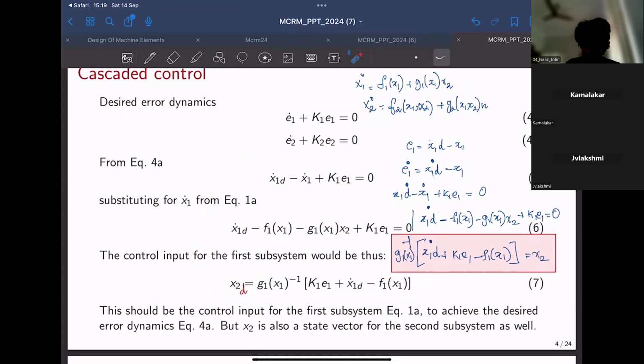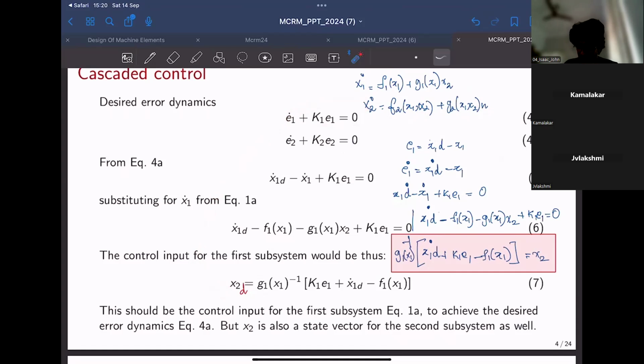So to make the first subsystem asymptotically stable, we want x2 to be x2 desired, but we cannot have it like that straightforwardly because x2 is also the state vector of the second subsystem. So we use this control input of the second subsystem to make this actual x2 tend to x2 desired, right?